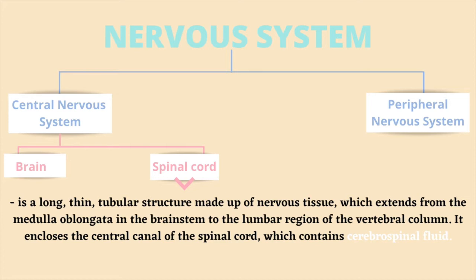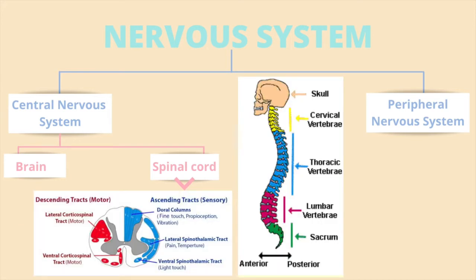And of course, the spine is composed of 33 bones called vertebra, divided into 5 sections. And these 5 sections are cervical, thoracic, lumbar, sacrum, and coccyx bones. So, the spinal cord actually has two main functions.